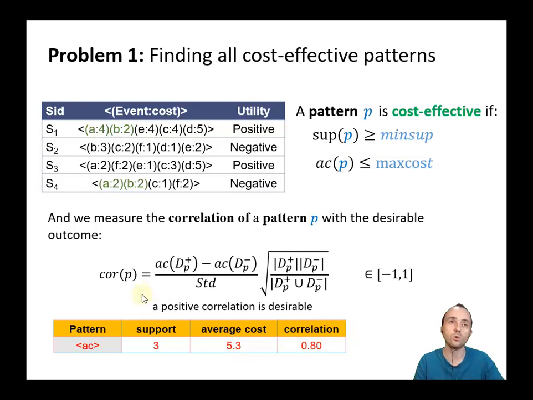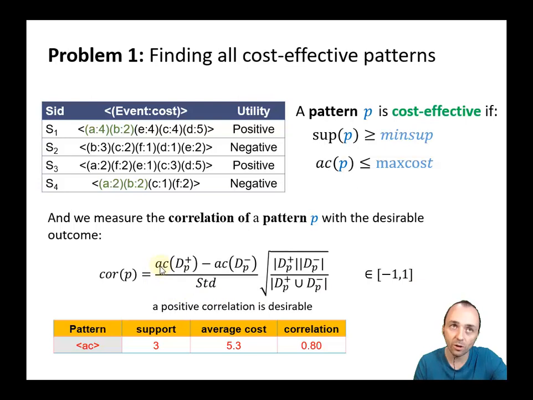We will use a formula like this to calculate the correlation, where the correlation will be between -1 and 1. Below 0 means it has a negative correlation with a good outcome, and greater than 0 means it has a positive correlation with a good outcome. So how to calculate this?